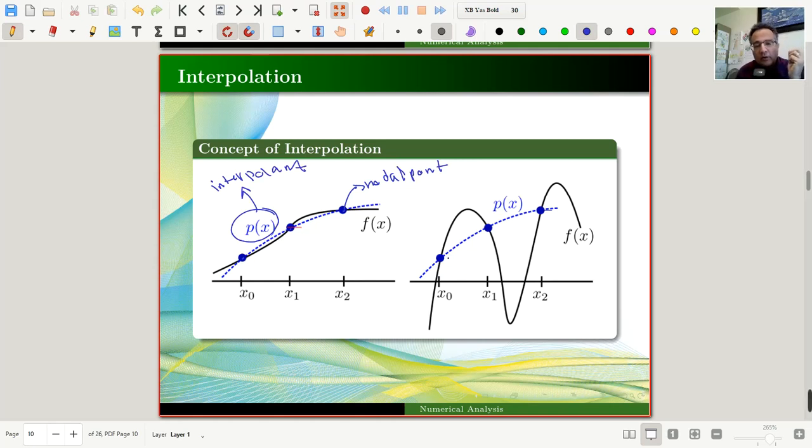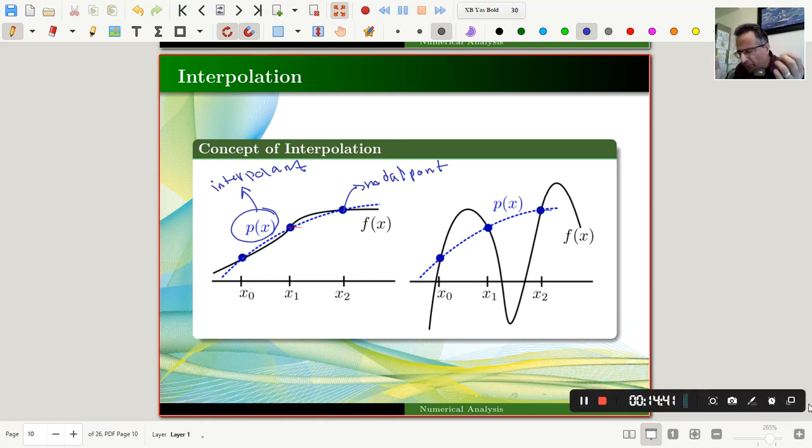Or for example, for these 3 points we can have something like this polynomial. Also, this can be an interpolant. So an interpolant is a polynomial of degree, for example, for 3 points it can be of degree 2, that passes through these points.